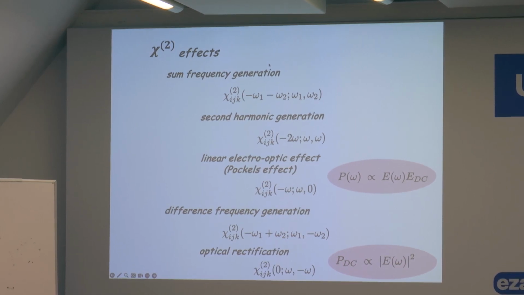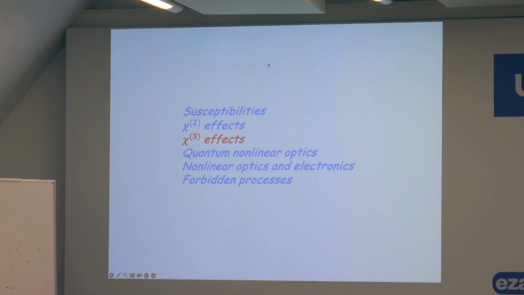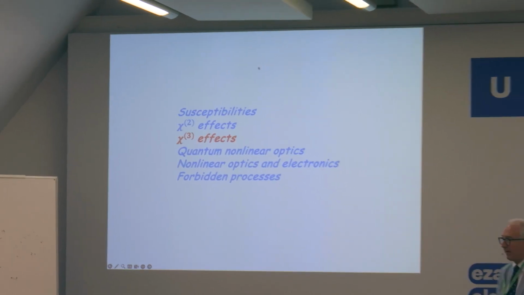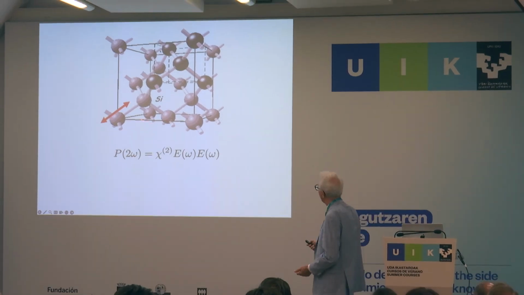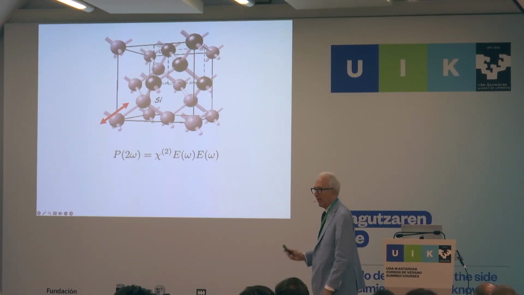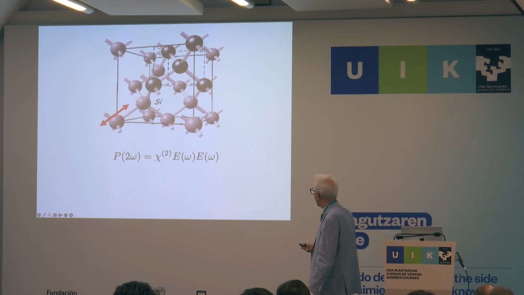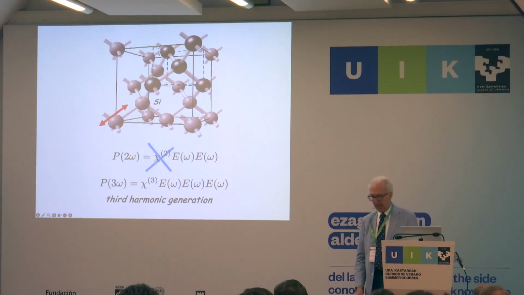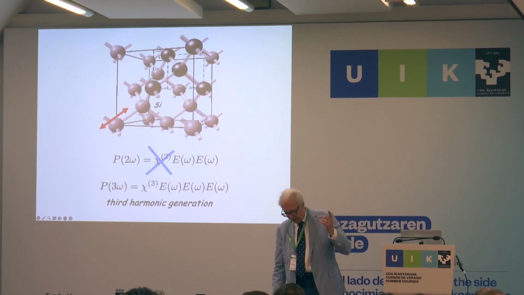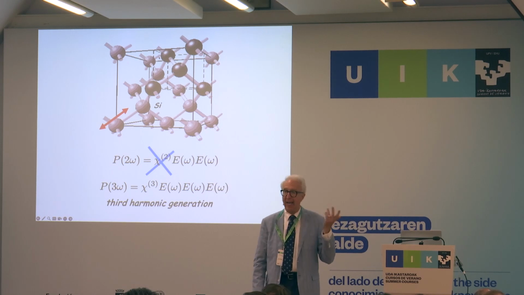Okay. That's Chi2 effects. Let's talk about Chi3 effects. If I have something like silicon, I have a center of inversion symmetry. Okay? Unlike in gallium arsenide. So there's going to be no Chi2. It doesn't exist in silicon. But I can get a Chi3 effect. Chi3 effects occur in everything. They even occur in the vacuum.